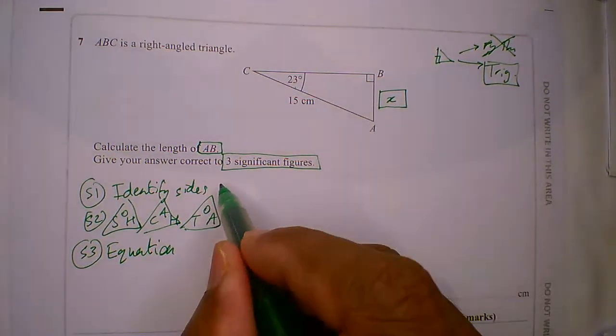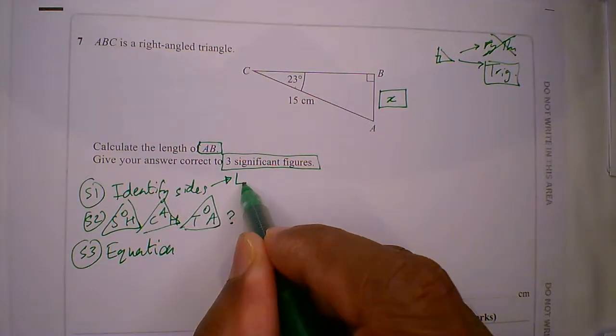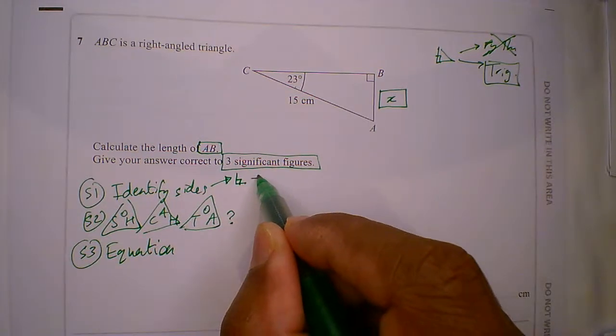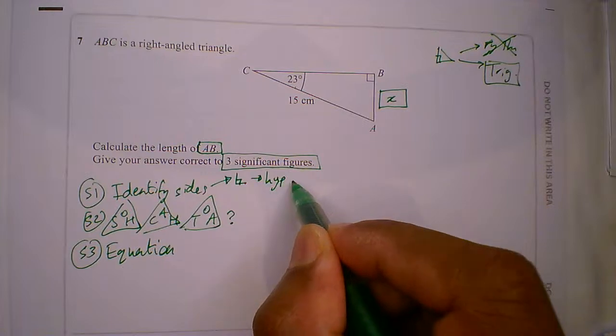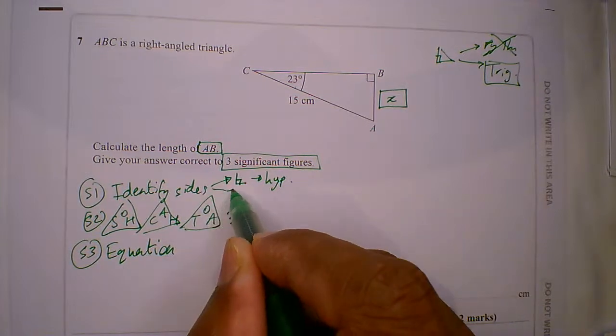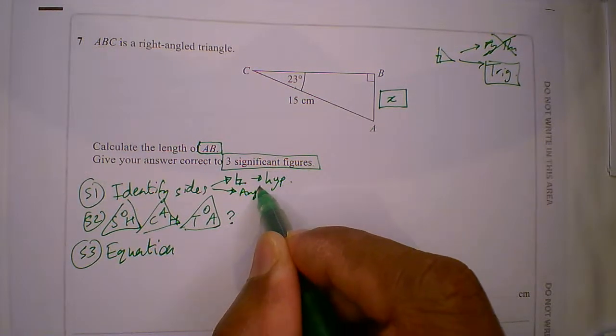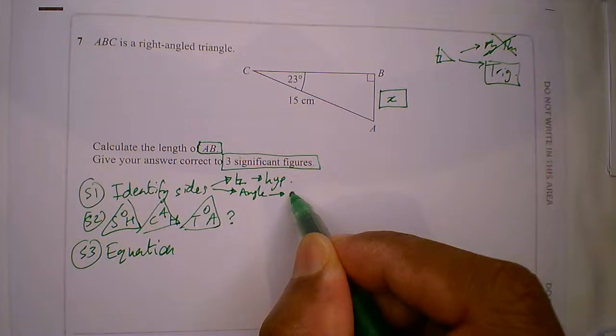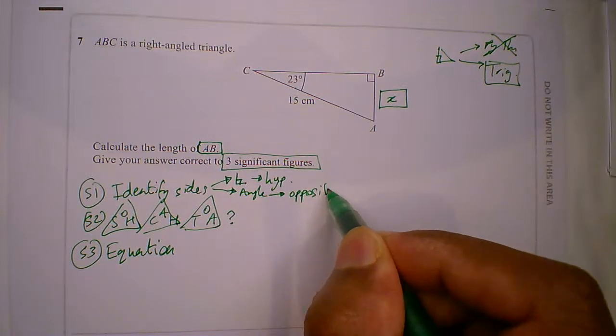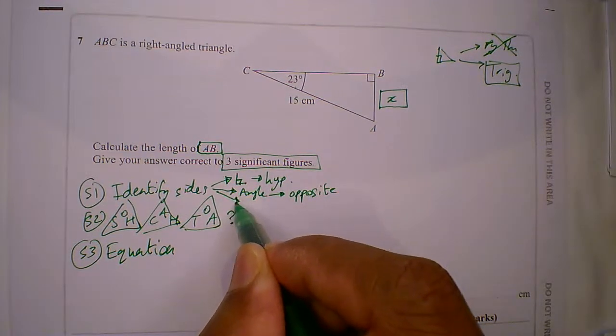To identify the sides, we start from the right angle, and that gives us our hypotenuse. Then we go to the angle. Opposite the angle is our opposite side. And the last one is our adjacent.